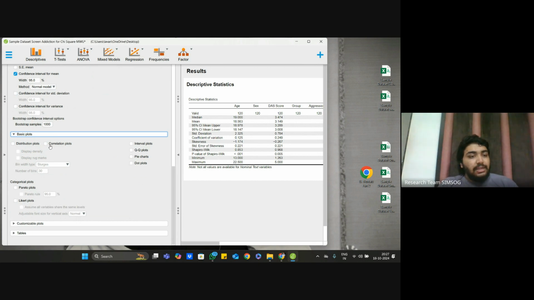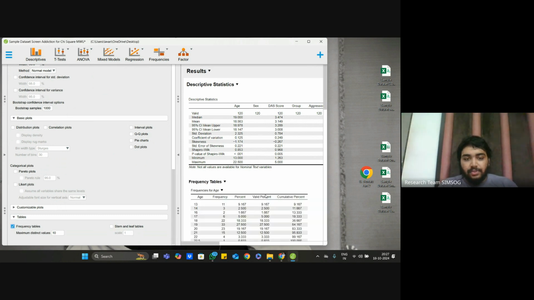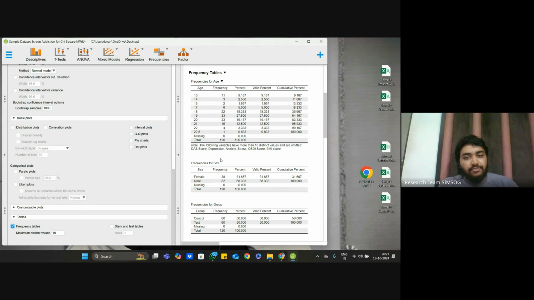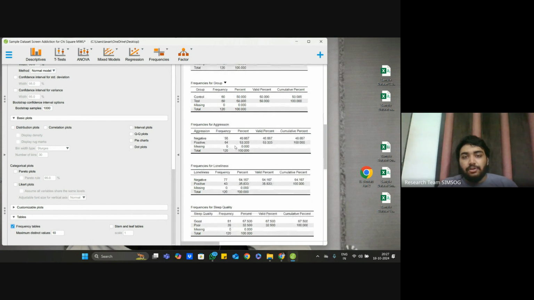Now, similarly, you all can do distribution plots and Likert plots and so on. Tables, frequency tables, you all can find out. See, for age also it gave. Then female, male, it also gave, in terms of frequency, percentage, and cumulative percentage. For control and test also it gave aggression, loneliness.